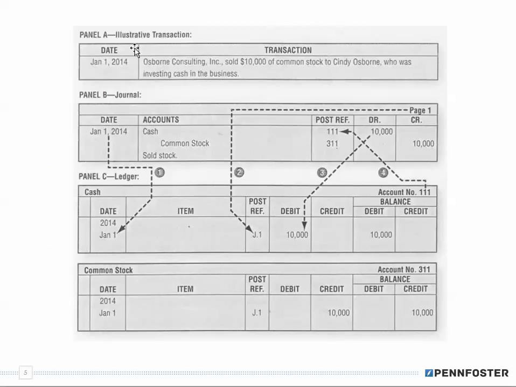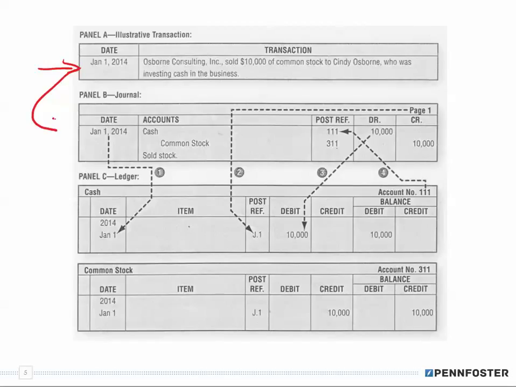Okay, so let's illustrate this process. It's the beginning of the accounting period. We have a transaction. This is the transaction, and you'll be familiar with this from the textbook. I mean, it's from the previous chapter. So a transaction occurs, and you have to make a journal entry.